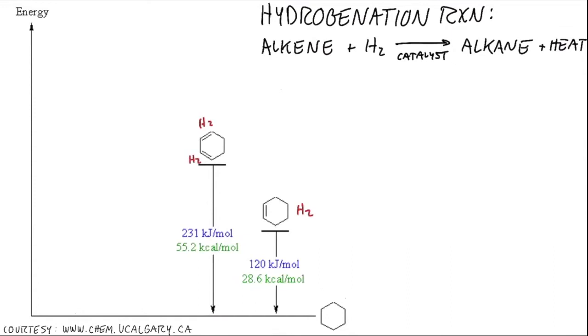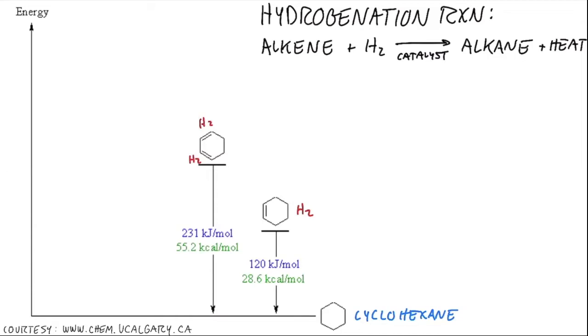At the end of the reaction, both of these compounds are going to end up here, and that is a molecule that we call cyclohexane. We are used to seeing this in plenty of our practice problems. So cyclohexane here is our energy baseline. We're calling that the 0 on this diagram.